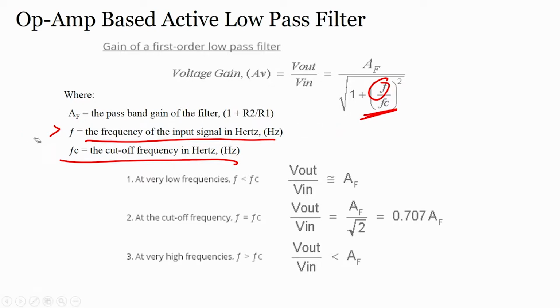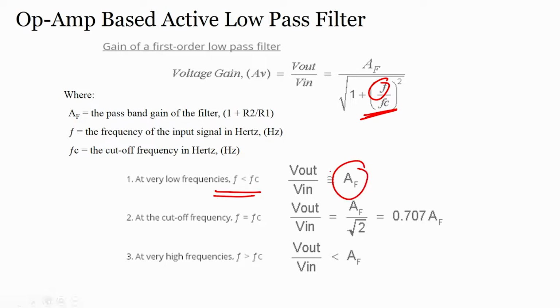Now, what will happen when a very low frequency is there? When the frequency is very low, F is less than Fc. That gives us V out by V in equals AF. How? See, F is extremely low compared to Fc, then this component becomes 0, right.